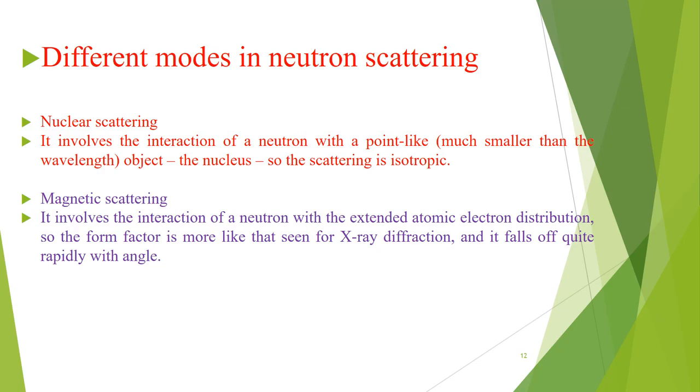The scattering which takes place due to the interaction between the magnetic moment of spin of the neutron and the magnetic moment of the atoms. This scattering also takes place in the transition metal, mostly due to the presence of unpaired electrons.